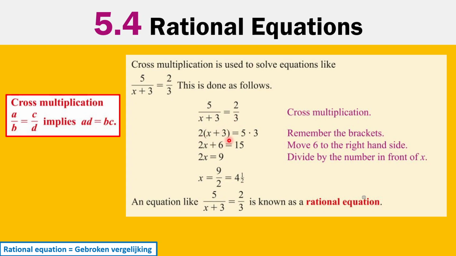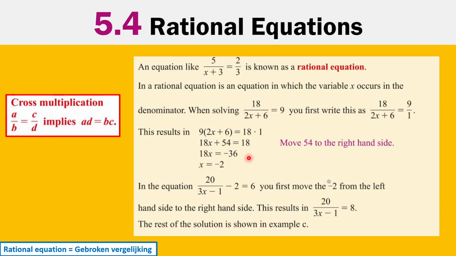Multiply out the brackets. Please do remember the brackets, by the way. This 2 is being multiplied by the whole thing, x plus 3. So that's why there has to be brackets here, otherwise they only multiply it with x and not with 3. 2 times x is 2x, 2 times 3 is 6, equals 15. And this part is logical, it's solving a linear equation.